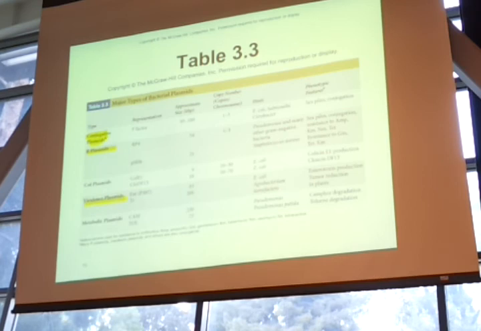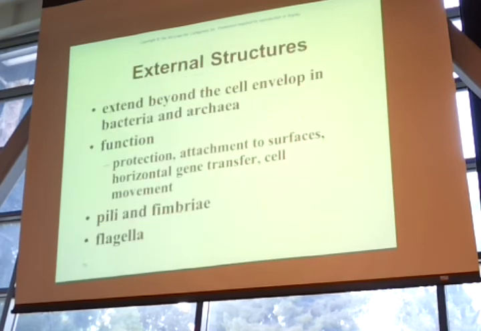Virulence plasmids have to do with toxin production. Metabolic plasmids allow the cell to utilize different nutrients. So this just gives you some of the examples.